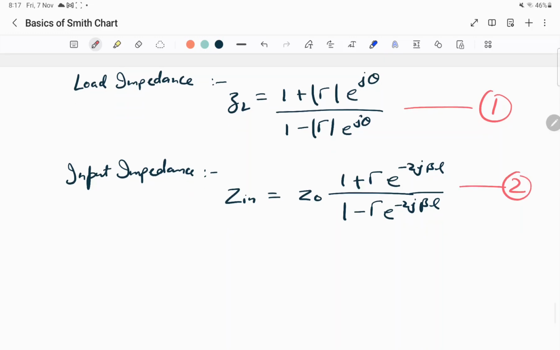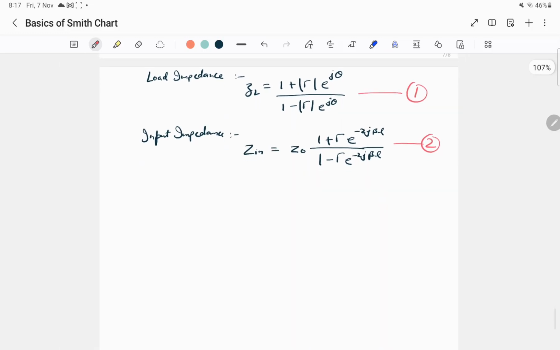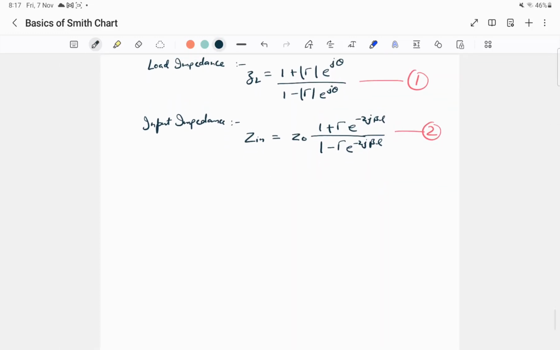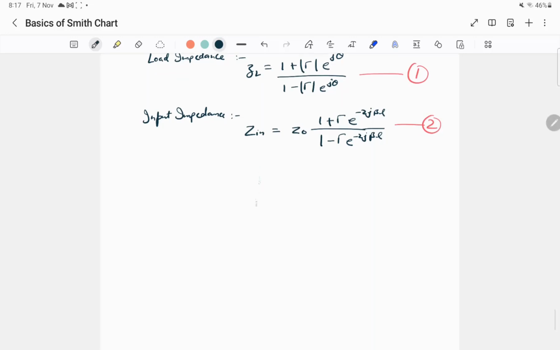Whenever we plot a Smith chart, now this is the most important thing which is necessary to solve a Smith chart question or a transmission line question. So we have the real axis and the imaginary axis.